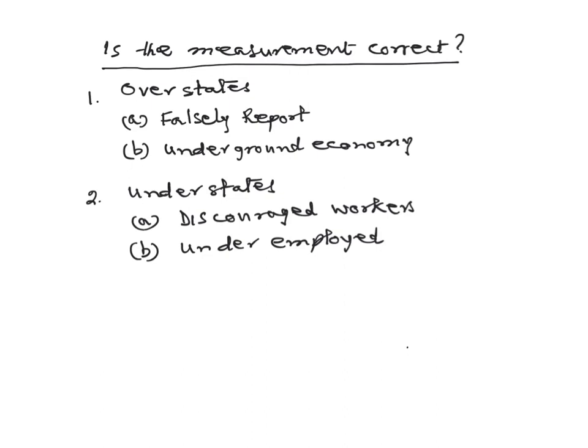The second category is understating the issue of unemployment. The first one is the discouraged worker, a person who is available for work but is not actively looking for a job. They have lost hope in the labor market.